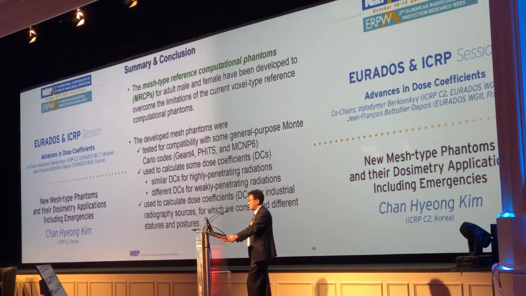The developed mesh phantoms were tested for compatibility with some general purpose Monte Carlo codes, like Geant4, PHITS, and MCNP, and also used to calculate some dose coefficients to see the dosimetry impact. And also these mesh phantoms were used to calculate some dose coefficients for industrial radiography sources, for which we considered different statures and postures.